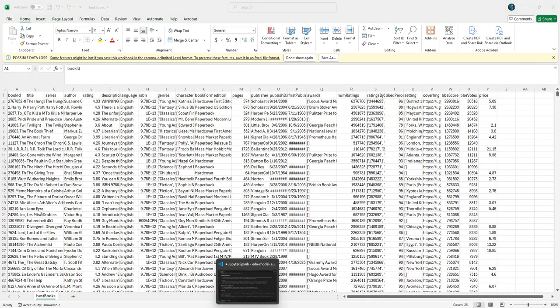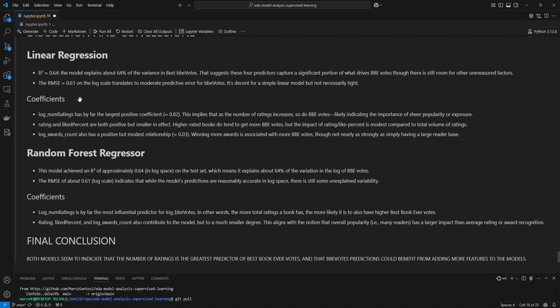And then if we go back here, the root mean square error is 0.61 for the linear regression model on the log scale. That would translate to moderate predictive error for BBE votes. So it's decent for a simple linear model, but it is not tight, right? It's not the best result we could have seen.